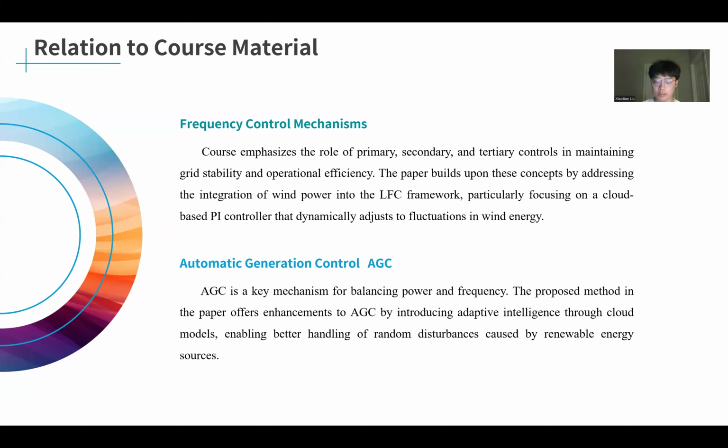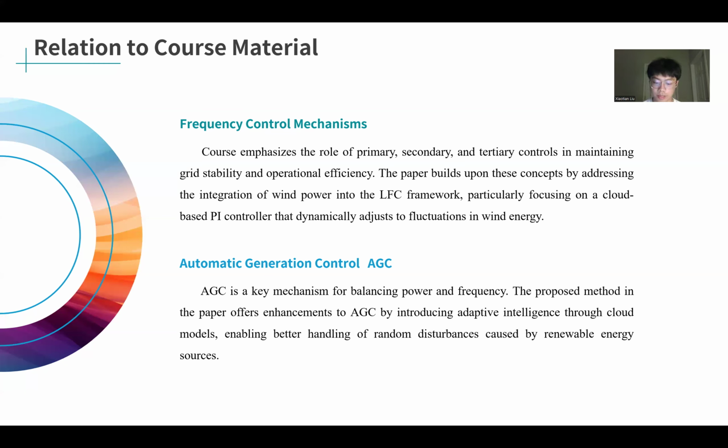And the secondary control is about restoring the system frequency to its normal value. A centralized control system monitors the grid and sends adjustment commands to specific generators.